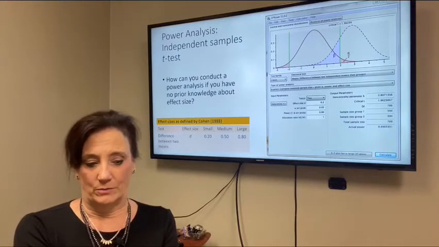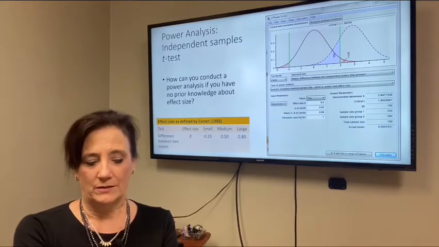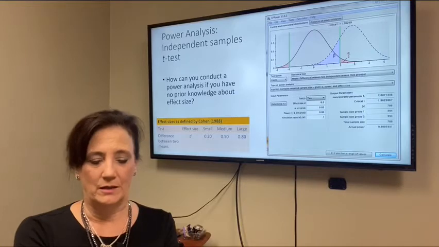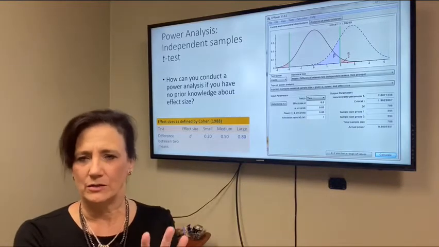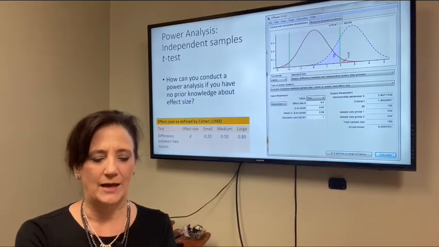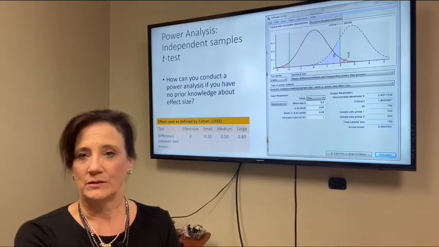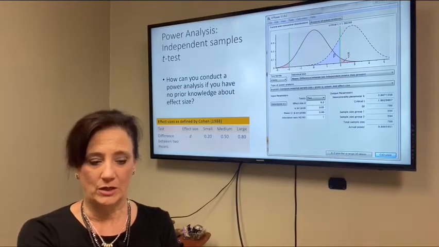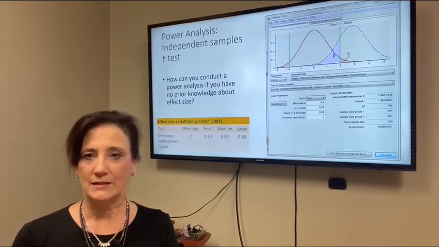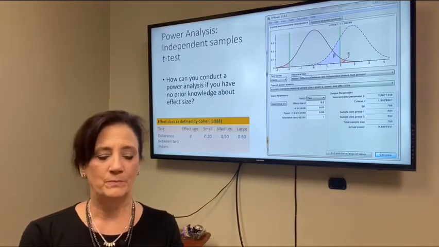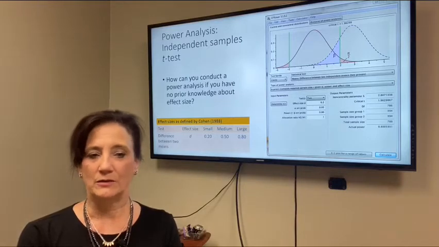Okay, so let's look at a couple of things. Since we're on this slide and it all kind of hangs together, let's look at when you have a D effect size, what equates to small, medium, and large. So a small effect size would be 0.2, medium 0.5, and large 0.8.